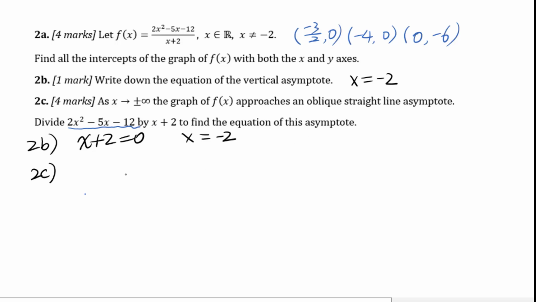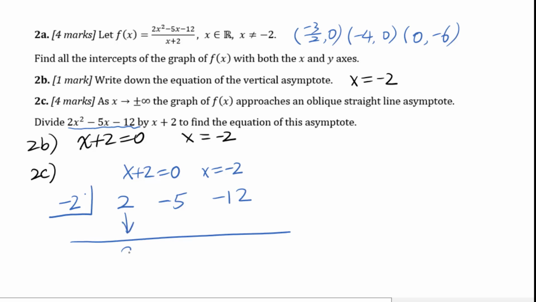We will use synthetic division because x plus 2 is a linear factor. X plus 2 equals 0, x equals negative 2. So we use negative 2 as the root. No missing power: 2, negative 5, negative 12.